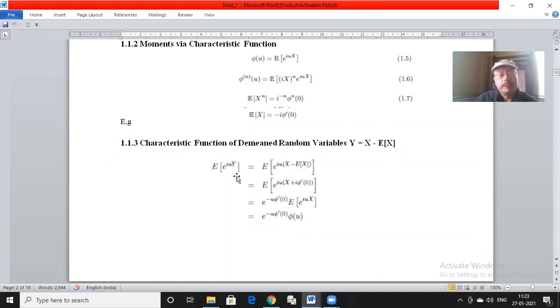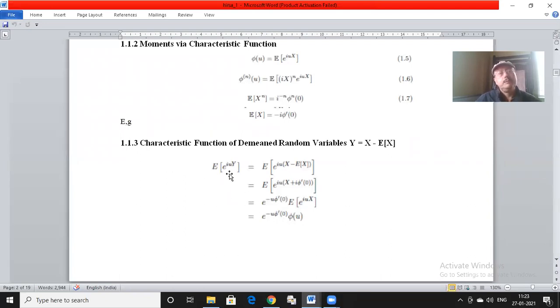So y is x minus EX, and this is the relationship that we are going to use: if I want to evaluate expectation of e to the power iuy, where y is x minus expectation of x, then I know that that can be written in terms of the original characteristic function of x with an additional factor outside.